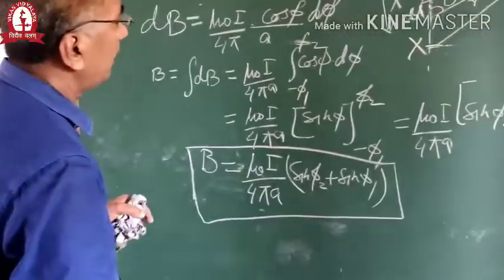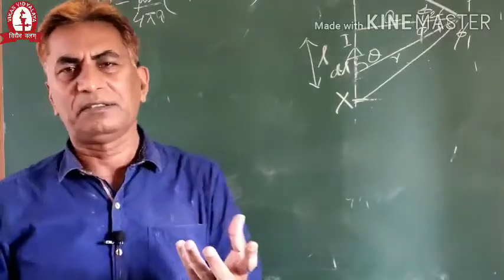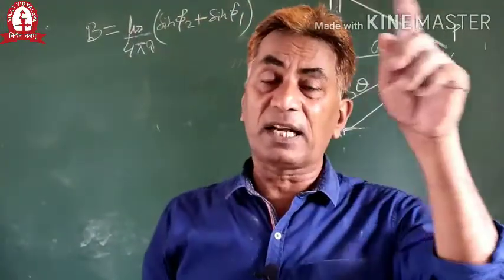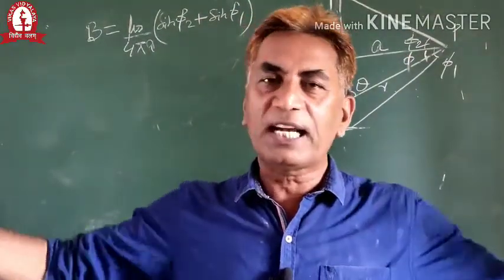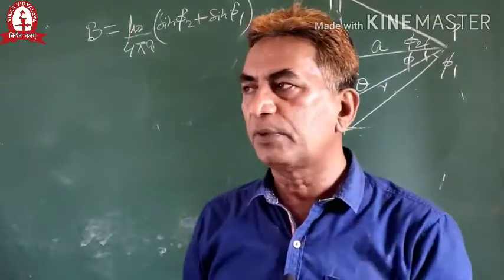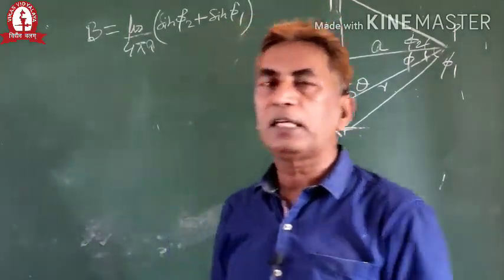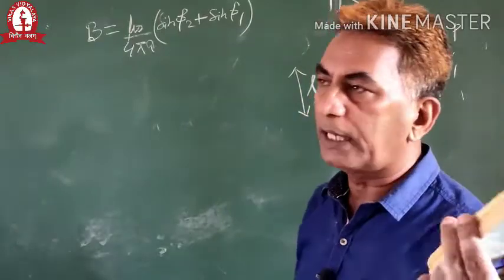Imagine that when a straight line is extended to infinite length, what would happen? It is converted into a circle. A straight line converted into a circle for infinite length.